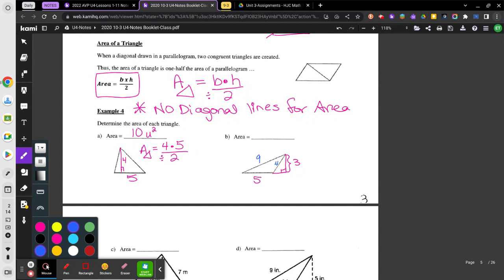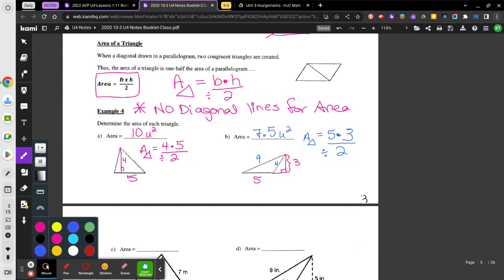We're not using those numbers, okay? The numbers we're using are the vertical and the horizontal. So area for this one is going to be 5 times 3, all divided by 2. So 15 divided by 2 to give us 7.5 units squared. Okay, 7.5 units squared.